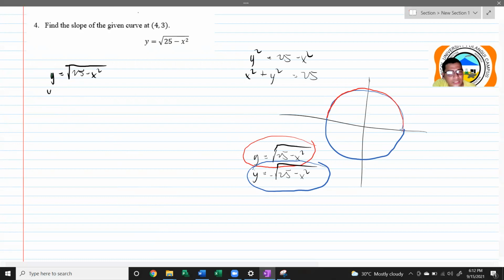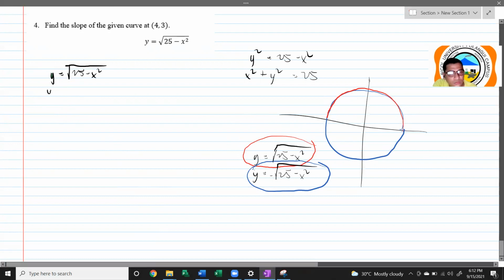So let's write this in a form that is convenient for us. We have 25 minus x squared raised to 1 half. Using the general power formula, we have 1 half times 25 minus x squared, raised to 1 half minus 1, which is negative 1 half, times the derivative of u, which is 25 minus x squared.